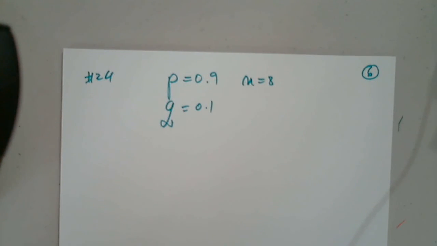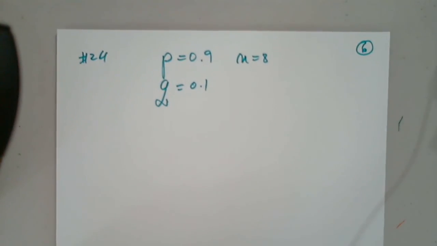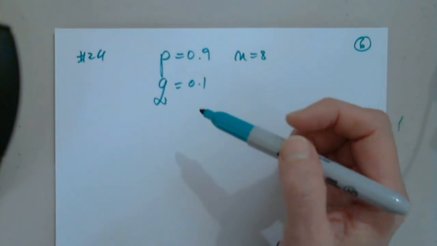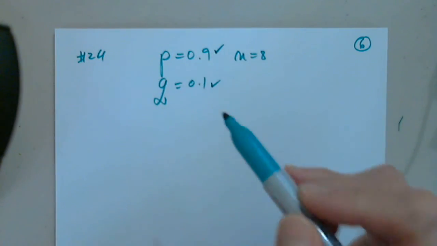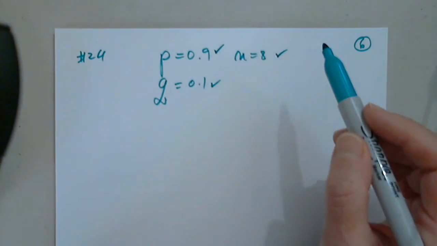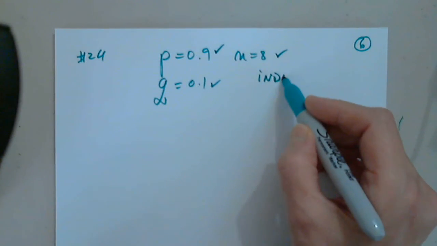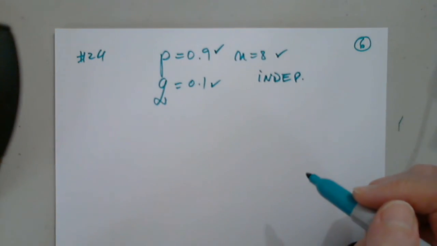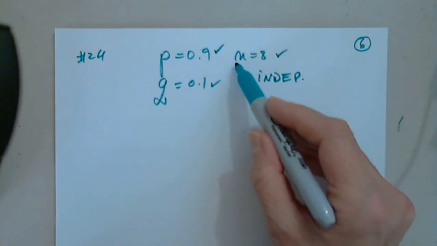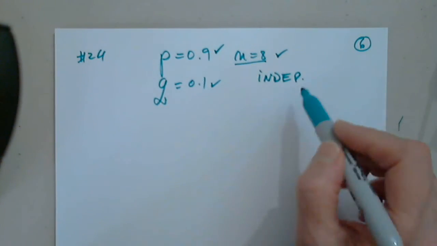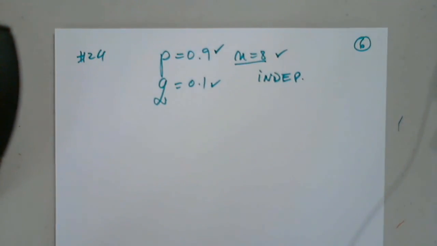So there are four different conditions. I do have a fixed number of trials, and they have to be independent. All these conditions are fulfilled, so I would say yes, this is a binomial distribution.